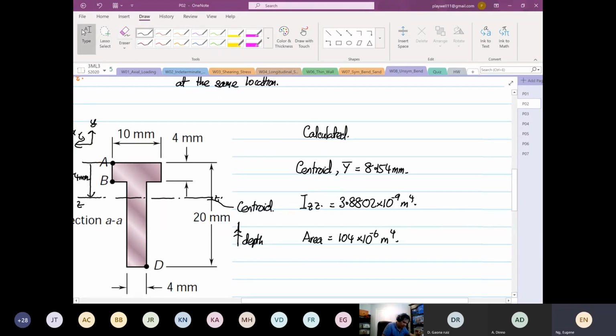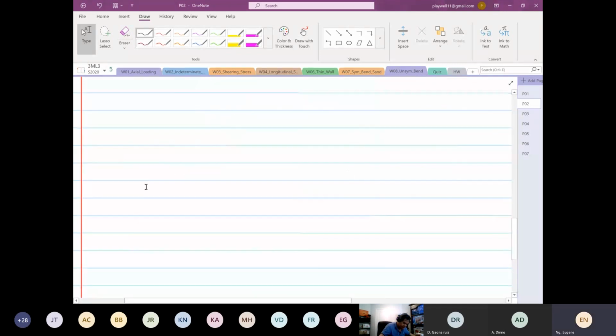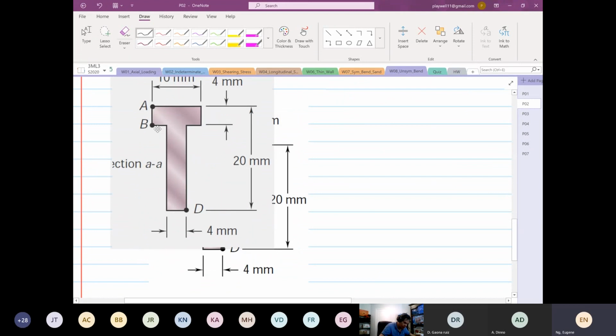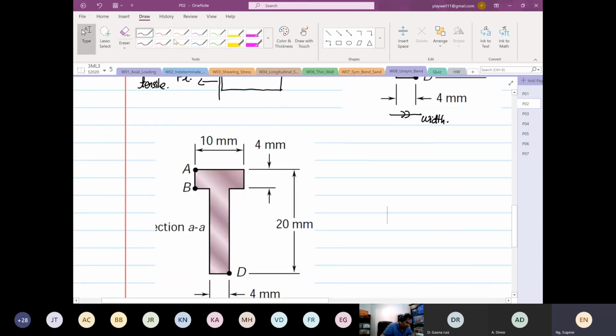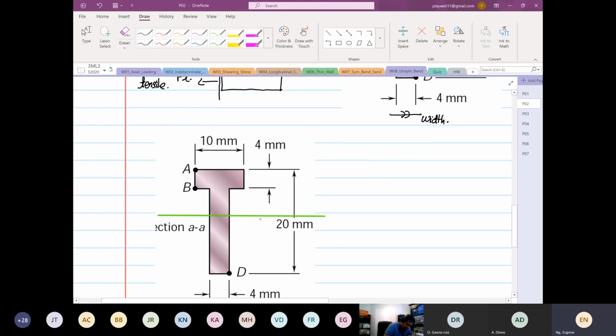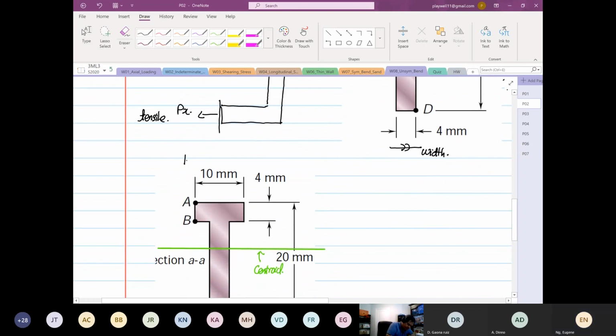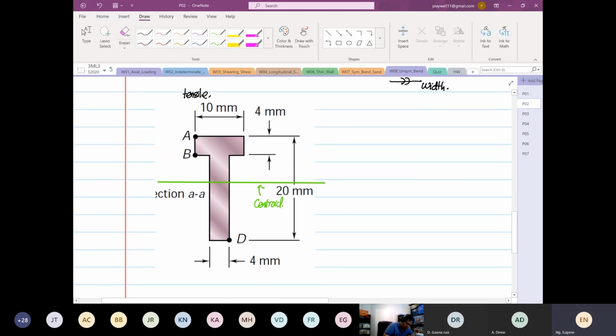Now we're going to apply the analysis. Looking at our cross-section area, knowing the position of our centroid, and based on our moment arrow, the top will be under tensile and the bottom will be going through compression.